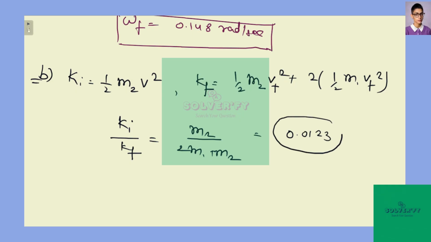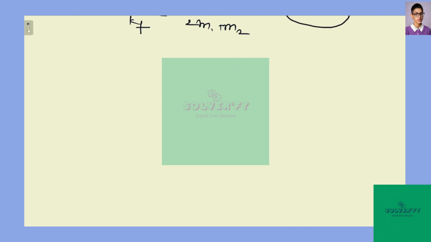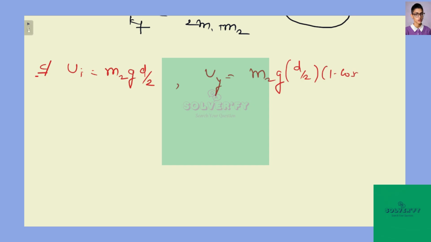So this is the answer of the second part of the problem. Now in the third part we have to find the angle that the system rotates before it momentarily stops. The initial potential energy is m2 into g into d by 2, and the final potential energy is m2 into g into d by 2 into (1 minus cos theta).